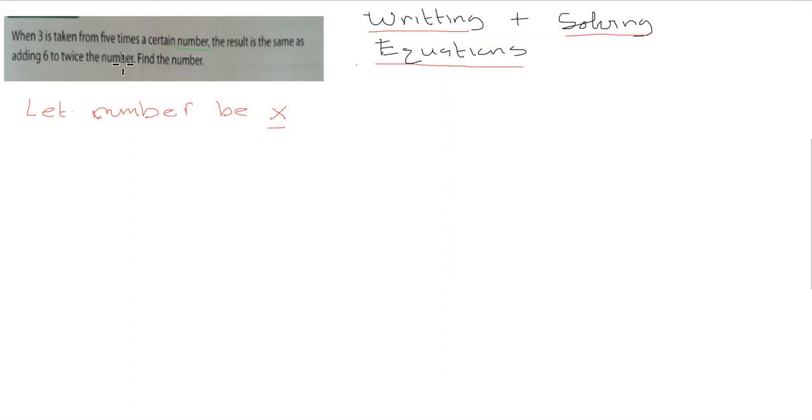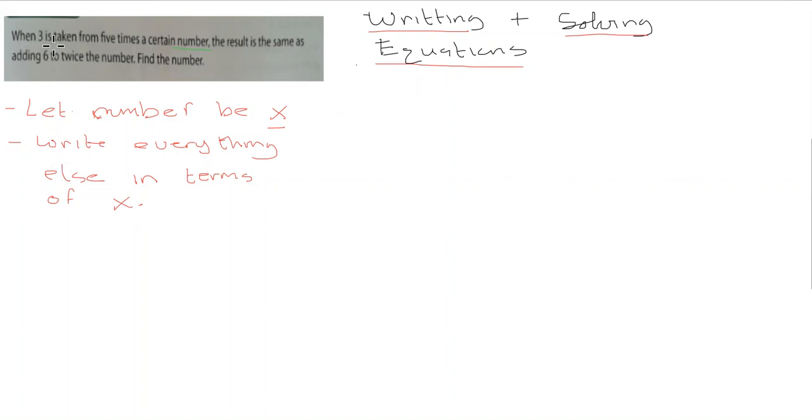Then you write everything else in terms of x. What do we mean by that? You let the number be x, and then you read the question and write everything else in terms of x.